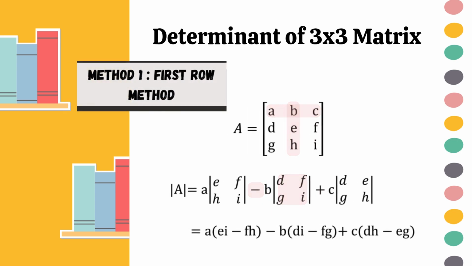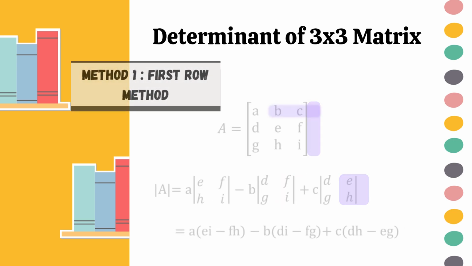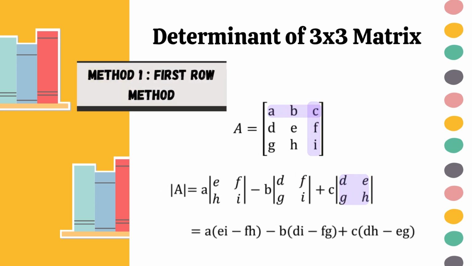For the first row and second column of matrix A, that is b, the minor becomes its coefficient, and don't forget to put a negative sign for the second column. So the full expansion becomes: determinant of A equals a in bracket ei minus fh, minus b in bracket di minus fg, plus c in bracket dh minus eg.